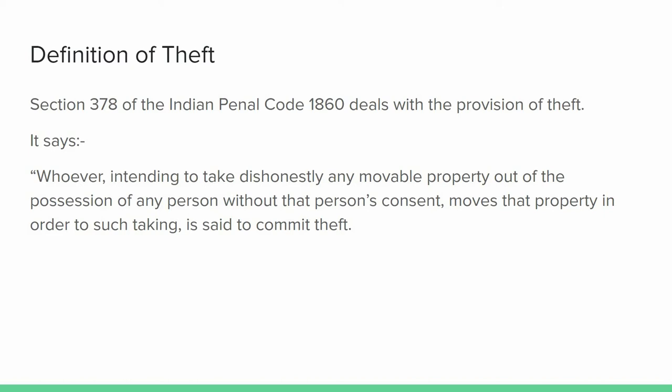He had the dishonest intention to take your laptop. The laptop is a movable property. He wanted to take that laptop with a dishonest intention out of your possession without your permission, without that person's consent. If that person, suppose I name him A, moves that laptop in order to such taking, he has committed theft.